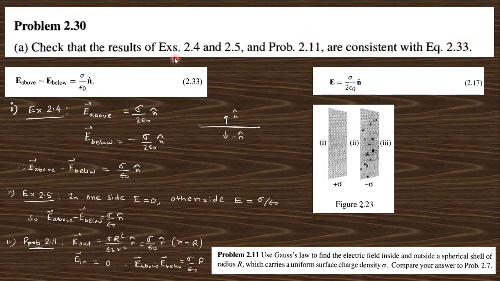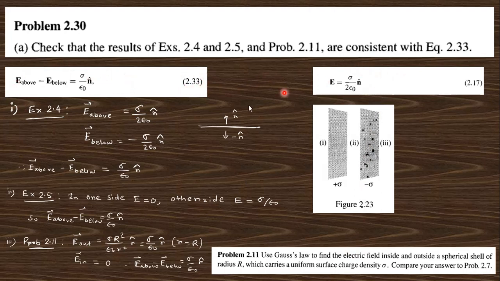Example 2.5 was this charge distribution, and Problem 2.11 was that spherical shell of charge. That means these three cases should satisfy equation 2.33. You need to check that these three cases are satisfied by that equation.